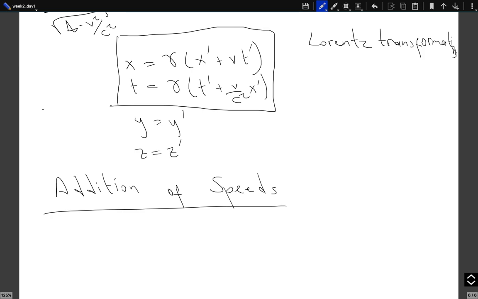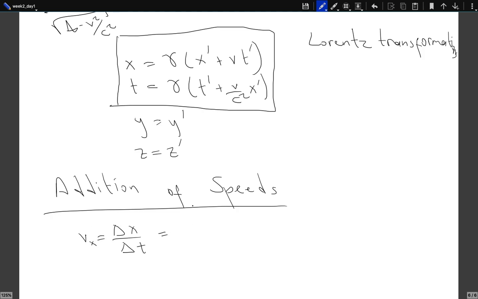Well, let's see. What is the speed of an object? The x component of the speed of an object for one observer is the change in x divided by the change in time t. This would be the speed, Vx.